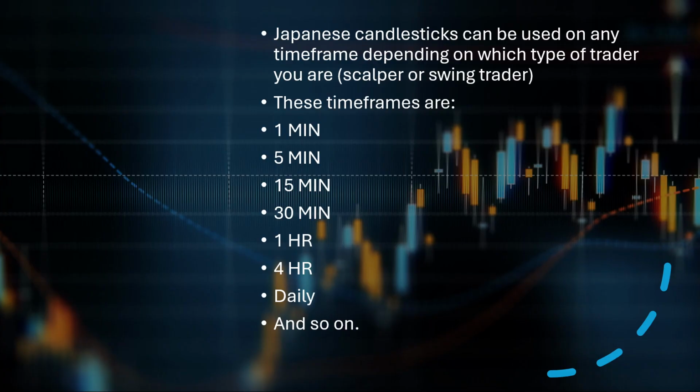Now, depending on what kind of trader you are, different time frames will work better for you. Japanese candlesticks can be used on any time frame. Either you're a scalper or a swing trader. These time frames consist of the 1 minute, 5 minute, 15 minute, 30 minute, 1 hour, 4 hour, the daily, and so on.